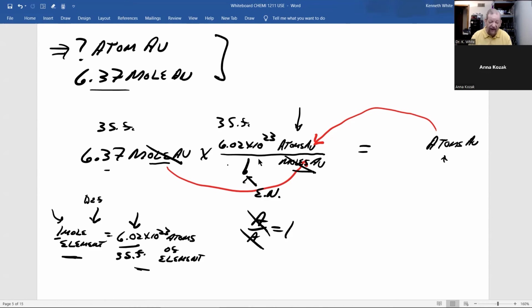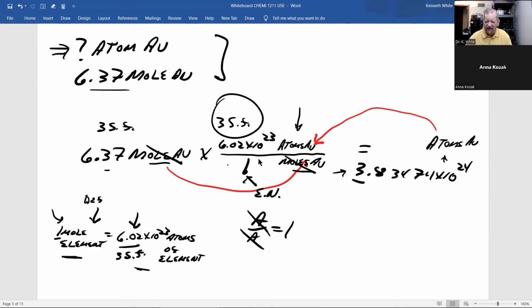Don't forget, for 10 to the 23rd, use the blue double E, second key, double E. My calculator gives me this number. Well, this is 2, 4, 6 significant figures. I have to round this off to 3 significant figures.